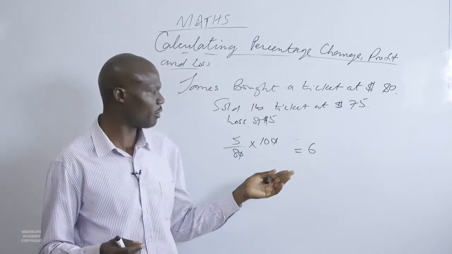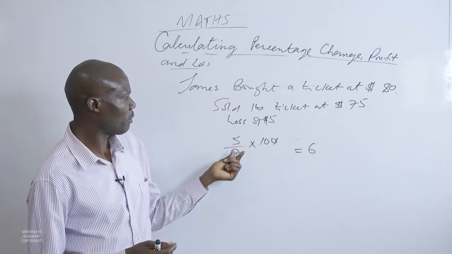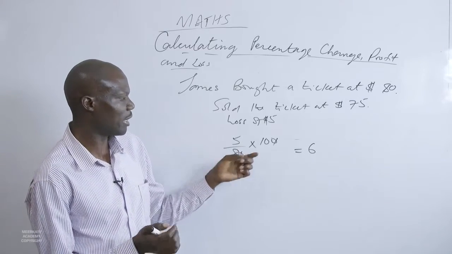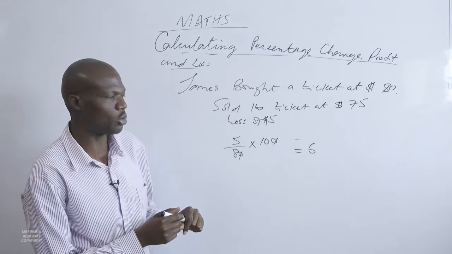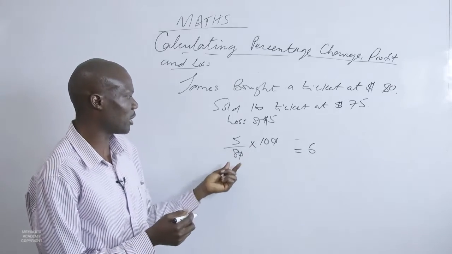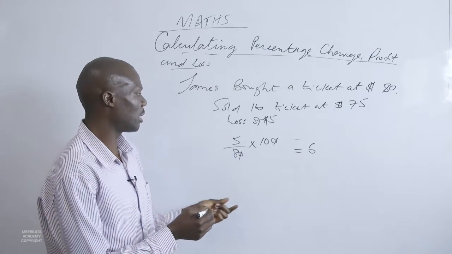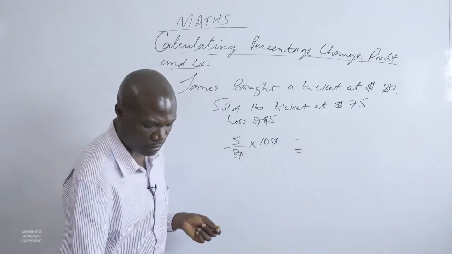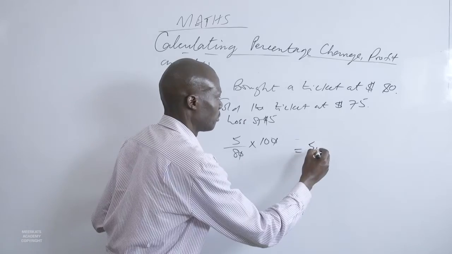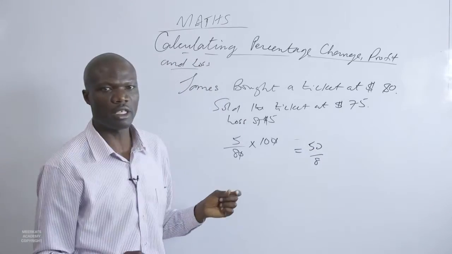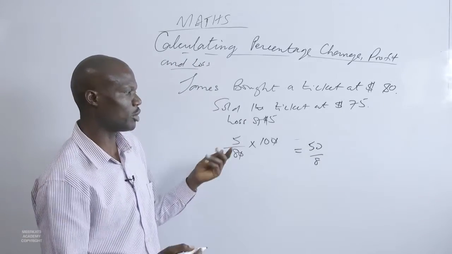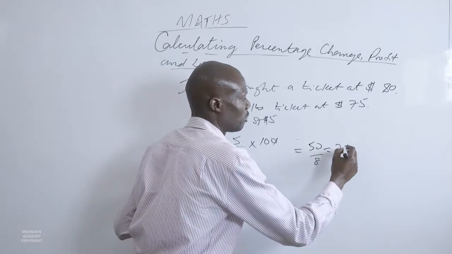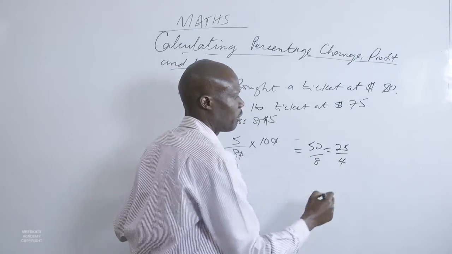Now, we are looking for 5/80, and we convert it into a percentage, so we need to multiply by 100%. This is going to give us 500/80, which is 50/8. This is a fraction. You can simplify further. If you simplify, you find it's equivalent to 25/4.